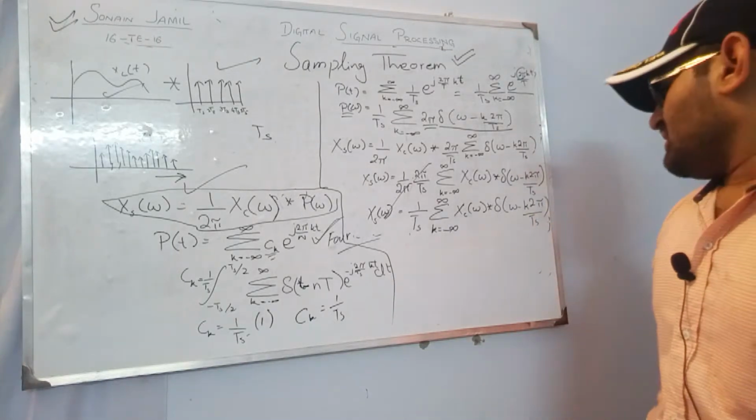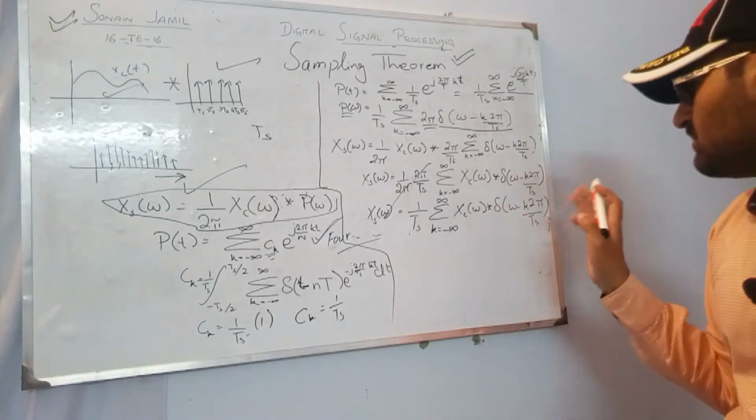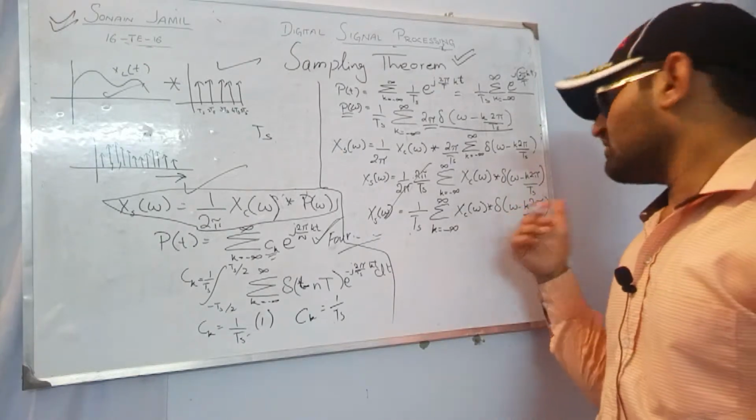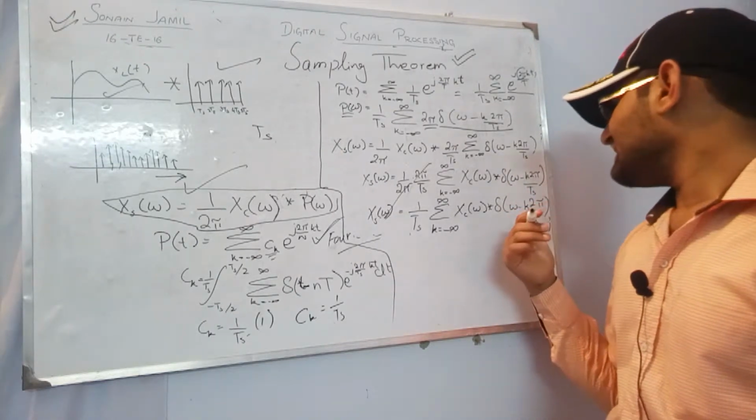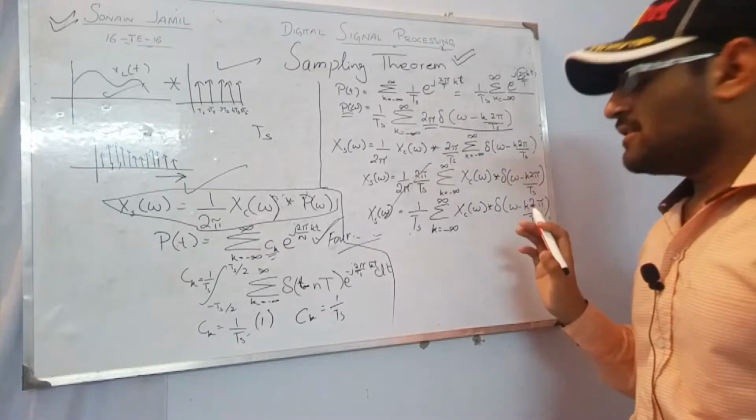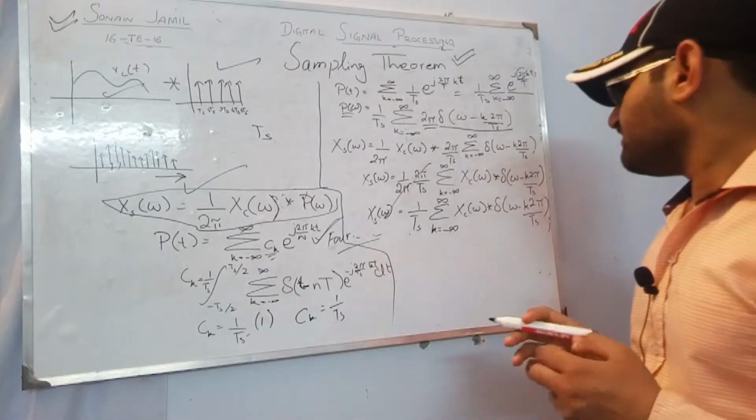Now the signal is being multiplied or convolved with the pulse train.